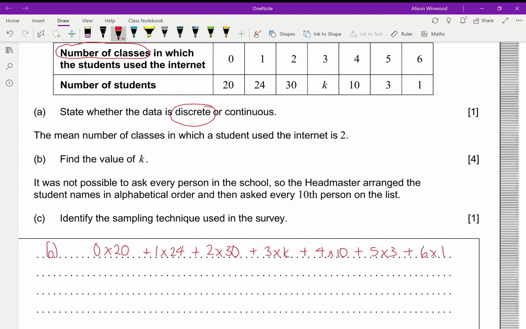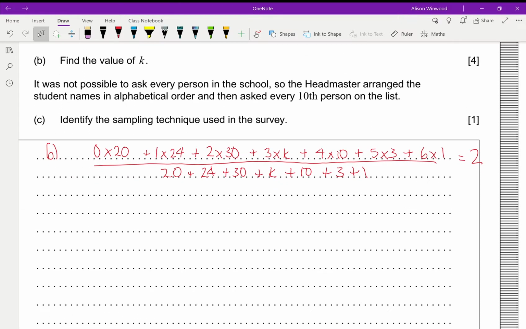and 1 of 6, and then divide by the total number of students, which is 20 plus 24 plus 30 plus K plus 10 plus 3 plus 1, and we know that equals 2. If we simplify the top, we get 145 plus 3K.